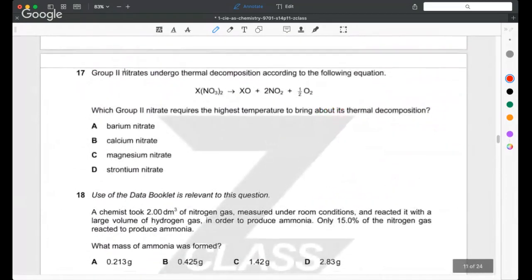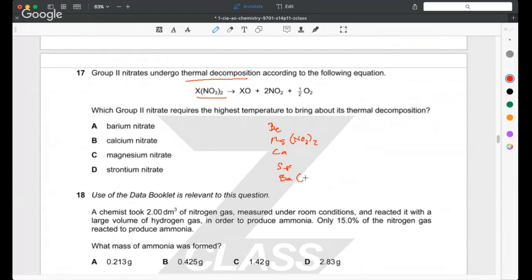This one always seems to come up in these Cambridge International Exam questions, talking about the thermal decomposition of group 2 nitrates. And you need to know, here's group 2, you start with beryllium, you've got magnesium, calcium, strontium, and barium, and they put up here the formula for the nitrate.